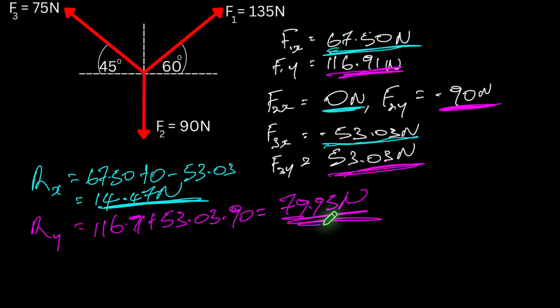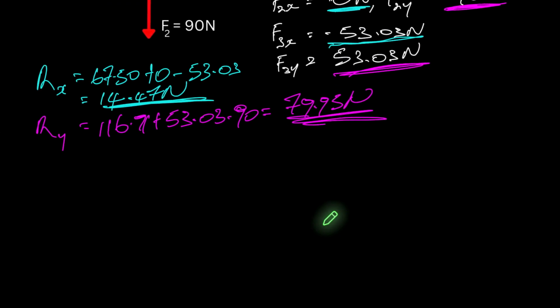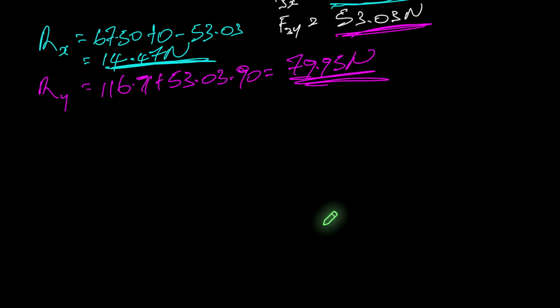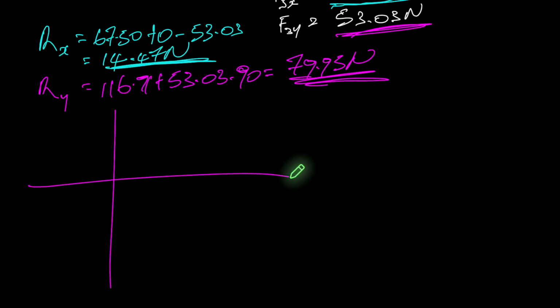I'm going to scroll up a little bit to get some space for us to finalize this now. Both of these are positive. So if I sketch this, then when I draw in the force of 14.47 along the horizontal axis, it's going to be here to the right.